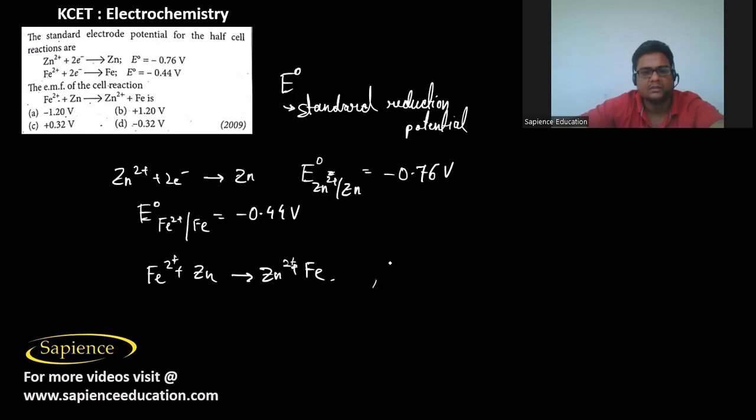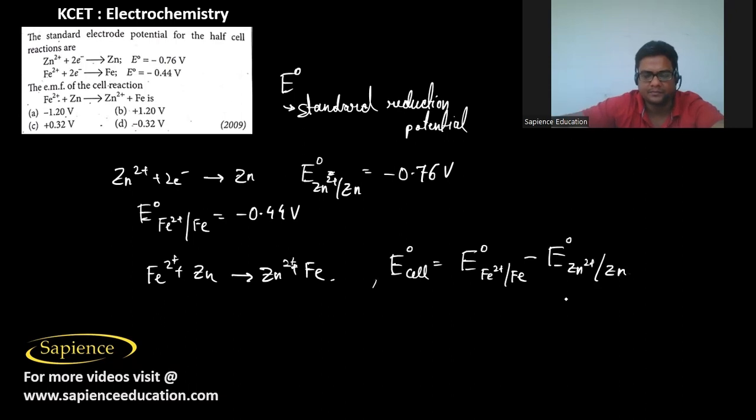So the E naught cell, the EMF of the cell, equals E naught for Fe2+ to Fe minus E naught for Zn2+ to Zn, that is the reduction potential at the cathode minus the reduction potential at the anode.